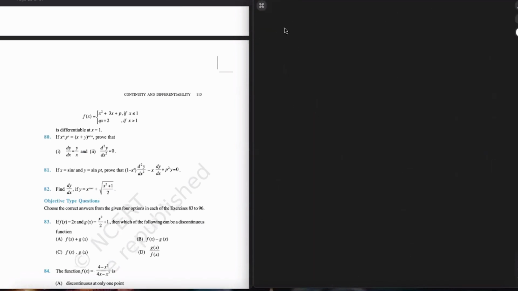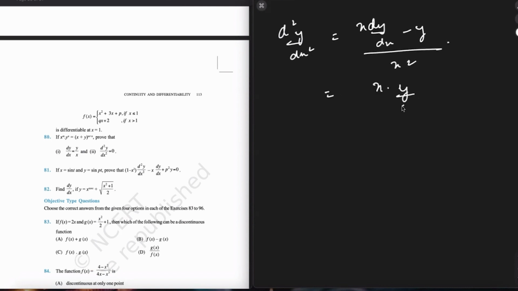And now if I differentiate both sides, d2y upon dx square will be equal to (x dy by dx minus y) whole upon x square. dy by dx की value I'll put, y by x minus y upon x square. So y minus y, this will turn out to be 0. So hence we have proved both parts.